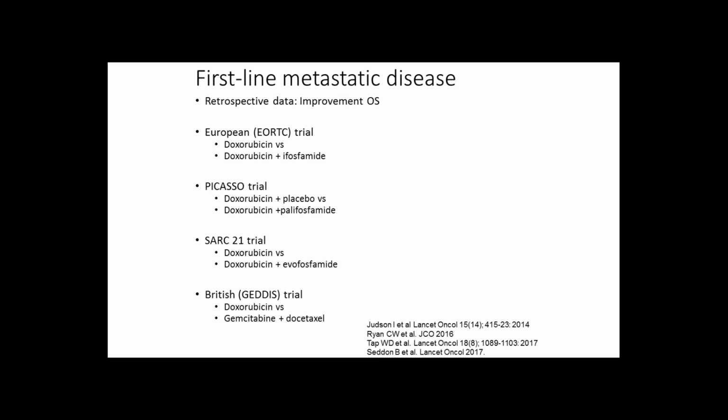And finally, the British GEDDIS trial allocated people to receive either doxorubicin or gemcitabine and docetaxel. And similarly, this trial showed no significant difference in terms of progression-free survival or overall survival between the two arms. So this slide just reinforces the role of doxorubicin as first-line therapy for metastatic soft tissue sarcomas.